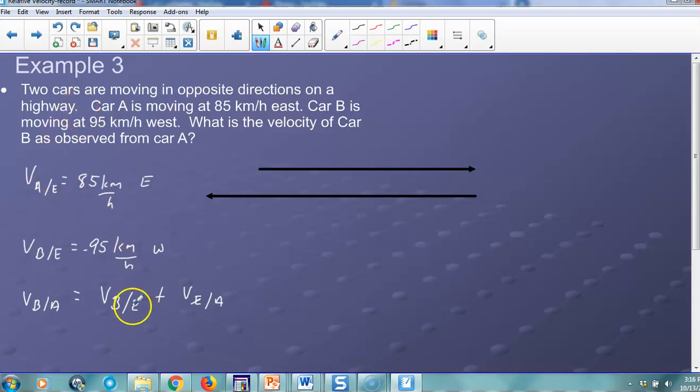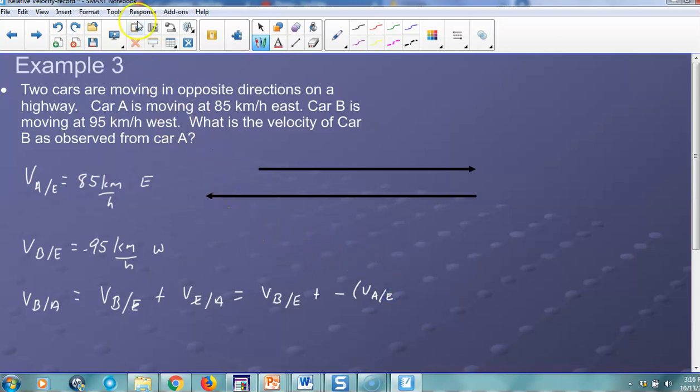The Earth portion is going to cancel away. But the problem is our vector up here is A relative to Earth. So the way we can handle that is by saying that this is equal to the velocity of B relative to Earth plus the negative of the velocity that we're given, A relative to Earth.